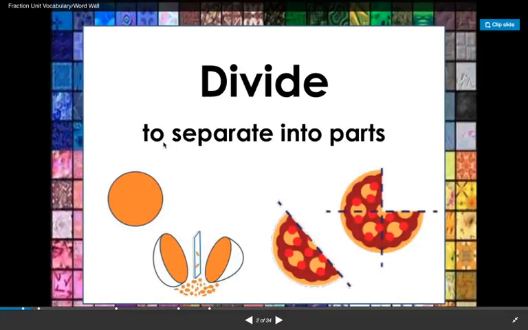So with fractions, we're dividing a whole into equal parts. So if this is our whole, and we've divided it in half, so we have 2 equal parts. Over here, it would be 4 equal parts. This is cutting our pizza in half, so that would give us 2 equal parts.